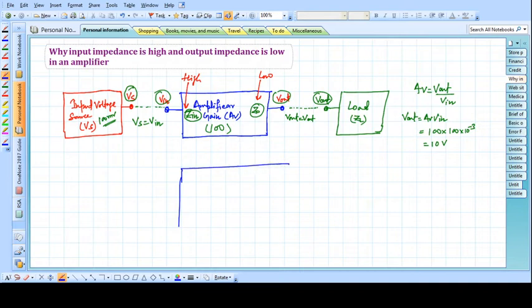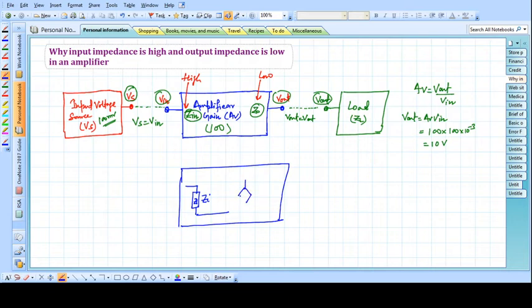Now we are making the generalized diagram for the amplifier. The amplifier looks something like this: this one is a Zi, and this one is an amplifier circuit.